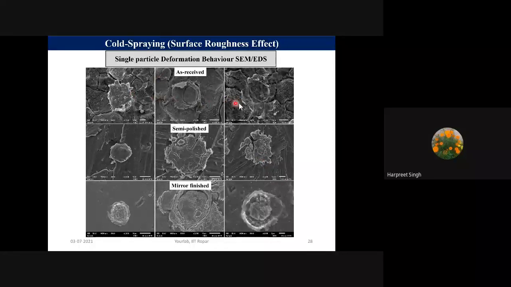Now here, in the as-sprayed case he saw these particles, in semi-polished he saw these images, and in mirror polished he saw these cases.